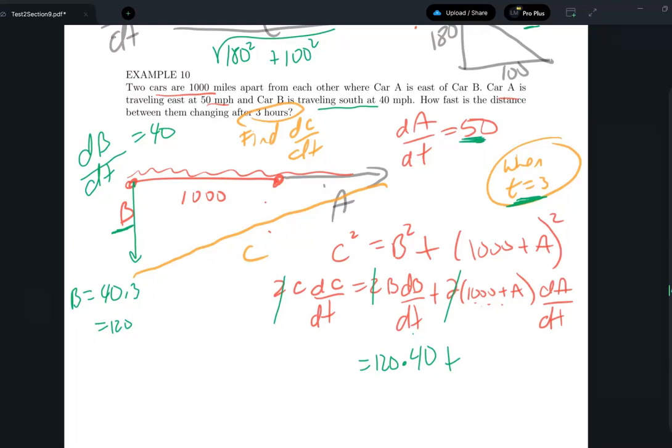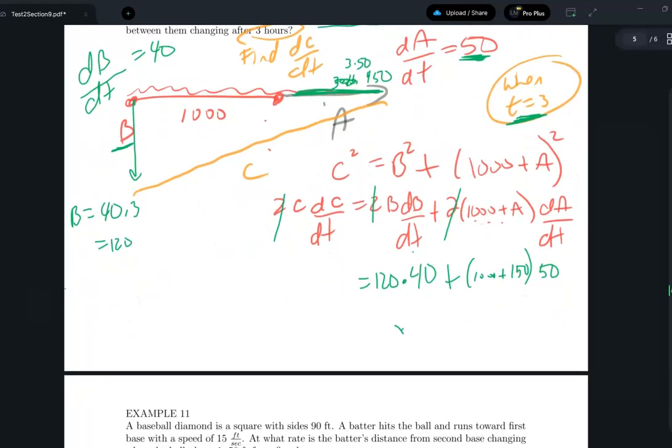A is moving at 50 miles an hour, so this distance A will be 3 times 50. Whoops, sorry, I'm thinking two things at once. 3 times 50 is 150. So I'll put the 150 in for the A, carry the 1,000, and then I multiply by dA over dt, which is 50.